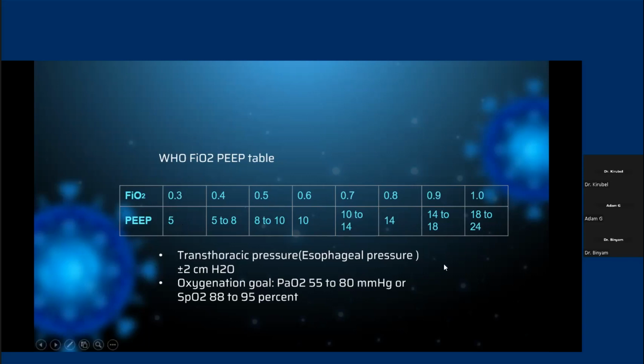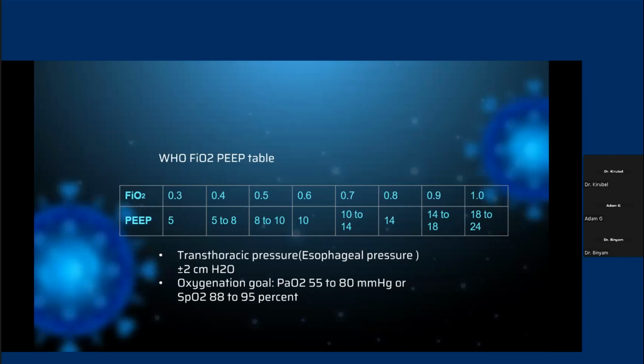But in advanced setups, they use esophageal pressure or transpulmonary pressure. What they do is insert a tube, like an NG tube. The tube will stay in the esophagus and will measure. From the measurement on the monitor minus the PEEP, if it is in the plus or minus 2 range, then we are happy with that.